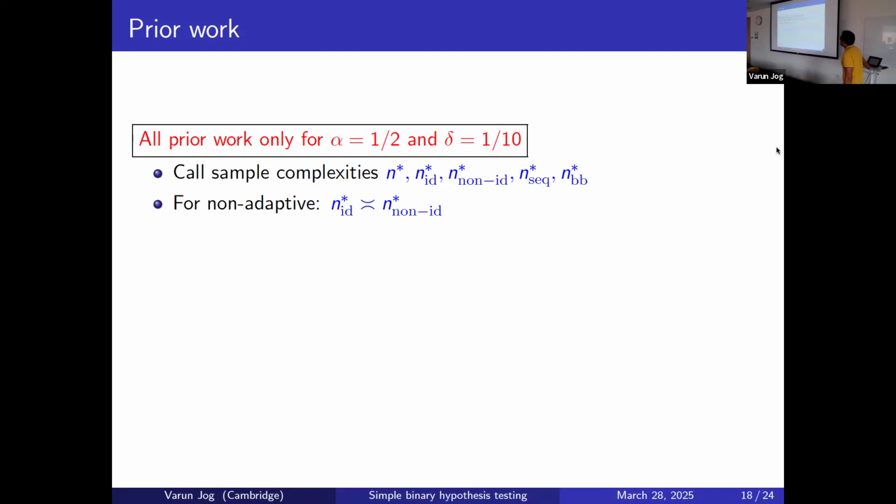It was known that using non-identical sensors does not give you much of an advantage. So if you have to choose between identical and potentially non-identical, just fix the same best sensor and use it everywhere. That was known. Again, all prior work was for only uniform prior. It was also known that if you have a quantization constraint of d, then your sample complexity grows, but does not grow that badly. It does not become a square or cube.